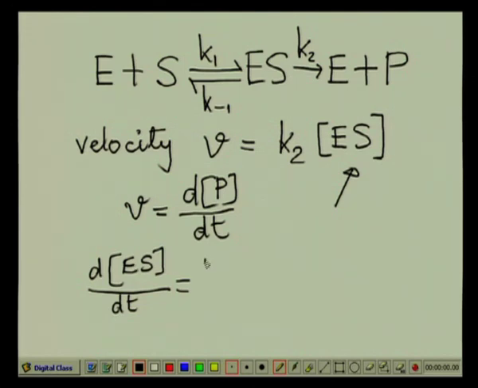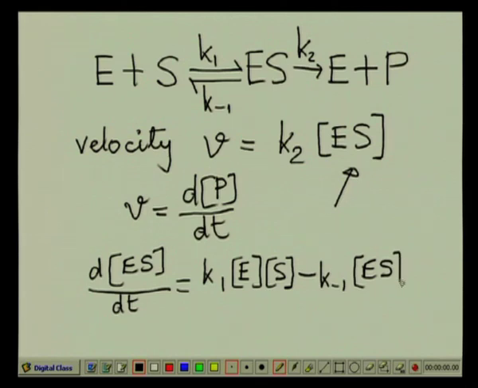I can write K1 enzyme concentration, substrate concentration, minus, why minus? Because it is being destroyed in the backward reaction, and minus K2 ES, right.